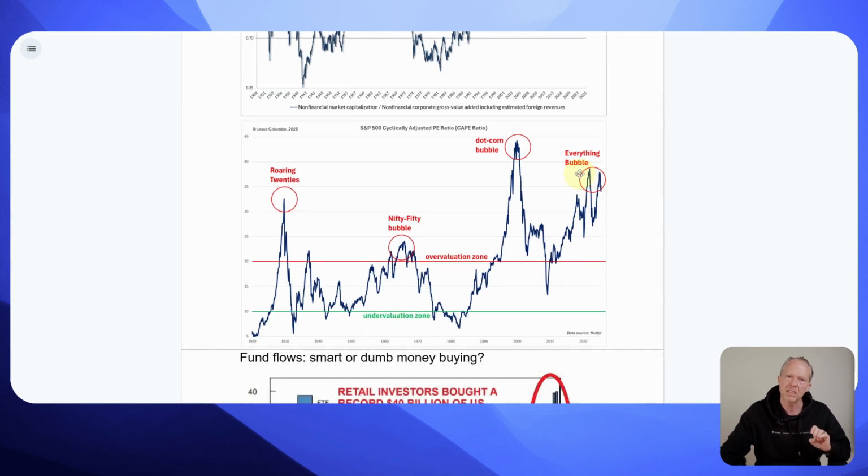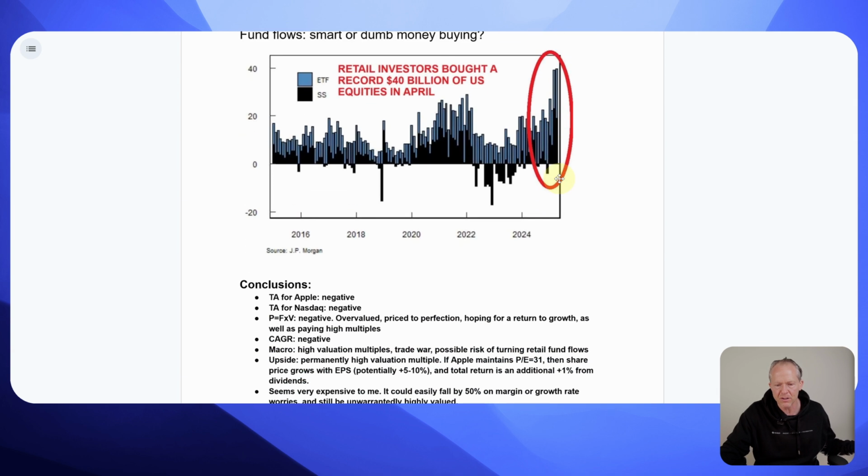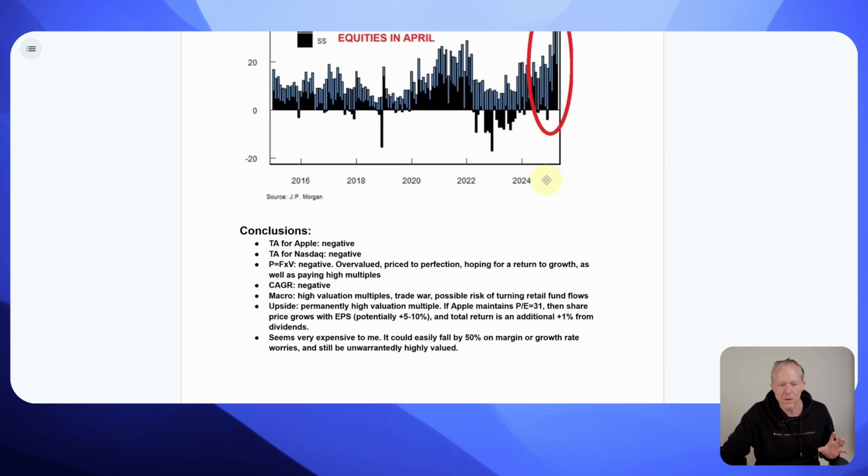The CAPE estimate does not take into account that margins are typically cyclical as well, so margins will typically drop in a recession. And then on top of it all, we can see retail investors currently piling into the market in record amounts. So it's like the FOMO has taken hold of retail investors while institutions are actually selling at this point. So possibly the retail does not understand the risks we are facing.